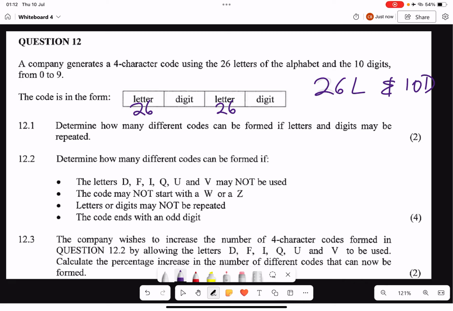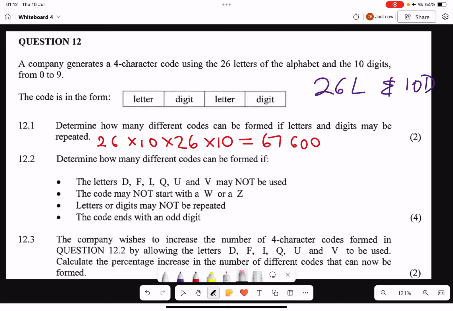For example, A1, A7, B1, B2, because repetitions are allowed. My options always stay the same. With digits, I always have 10 digits and 10 digits. Multiplying 26 times 10 times 26 times 10 gives 67,600, which is our answer for 12.1.